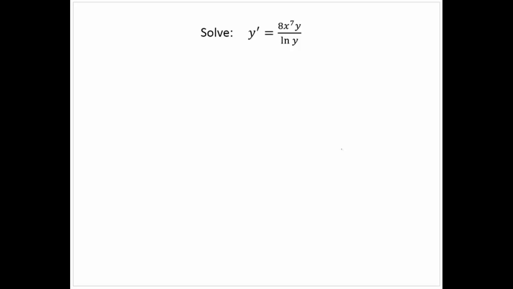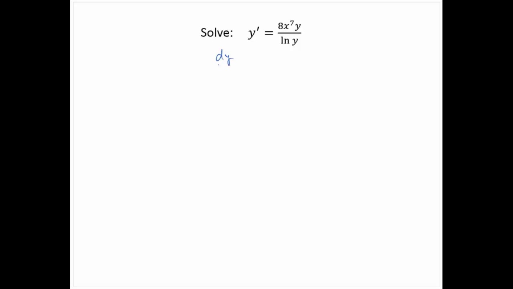Here's another one for you to try. Solve y prime equals 8x to the 7th times y over the natural log of y. So the first thing I would do is rewrite y prime as dy/dx.